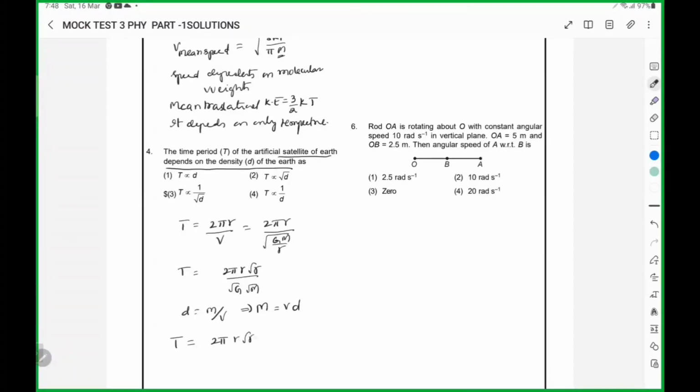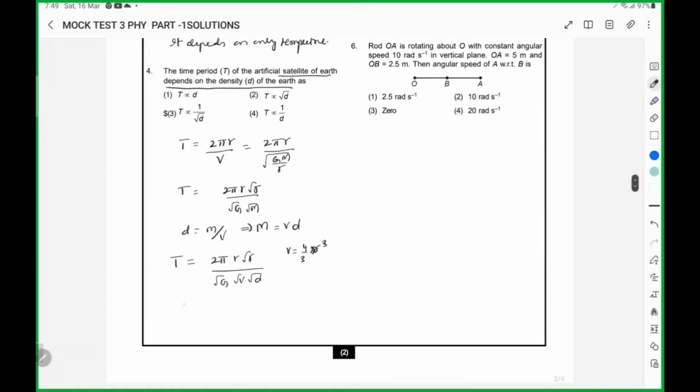So 2 pi r root r by root G into root M, where root M is nothing but root V into root d. Here this volume is in terms of 4 by 3 pi r cube. So root r cube is r root r. Finally, it is inversely proportional to the density of the earth.